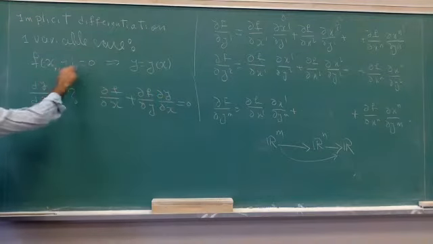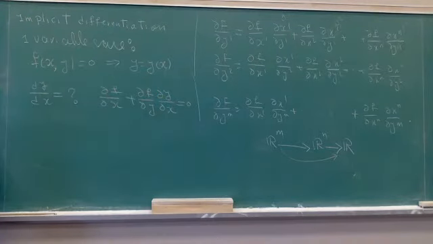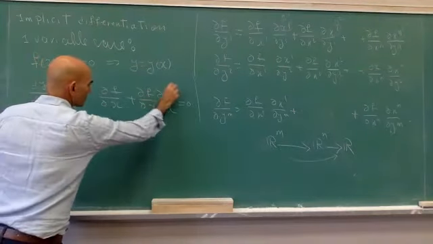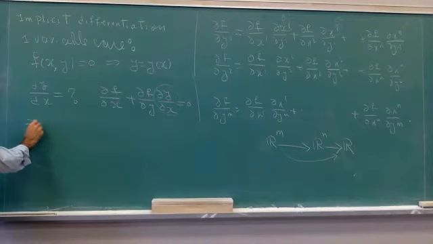Because this function is identically equal to 0, if you take its derivative with respect to x, it's also 0. It's just a constant function 0. So you put that equal to 0, and here you can solve for dy/dx.